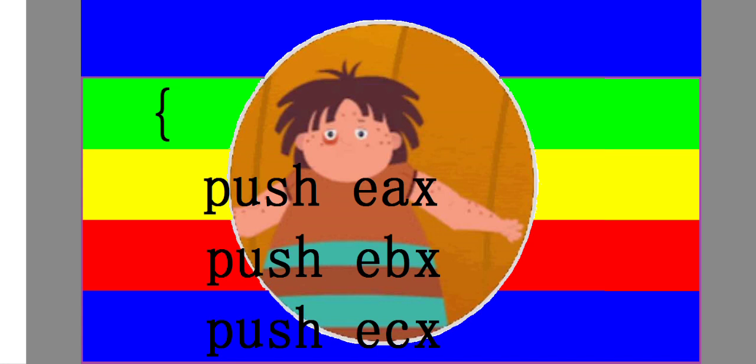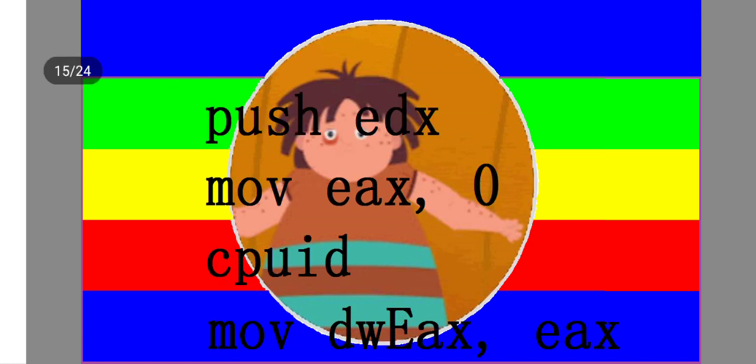That means we will make sure that the value in corresponding register stored to stack. Push EDX. Move EAX comma 0.